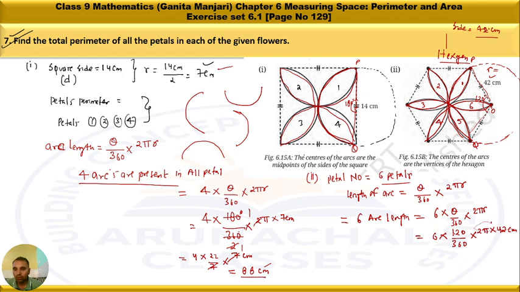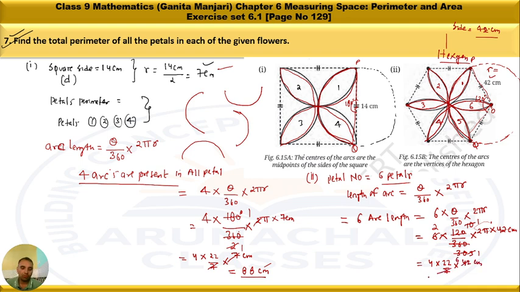Now 120 by 360 is 1 by 3, and 3 times 2 is 6 by 3, that is 2. Now it is 2 times 4, pi value is 22 by 7, multiply with 42 centimeter. 7 sixes are 42, so 7 cancels with 42 leaving 6.